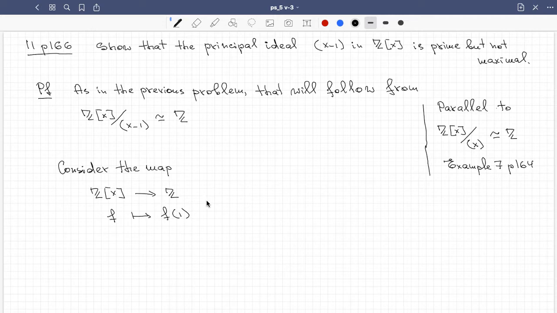This map is a ring homomorphism. We need to prove that sum of polynomials maps to sum of values, and product of polynomials maps to product of their values at 1.